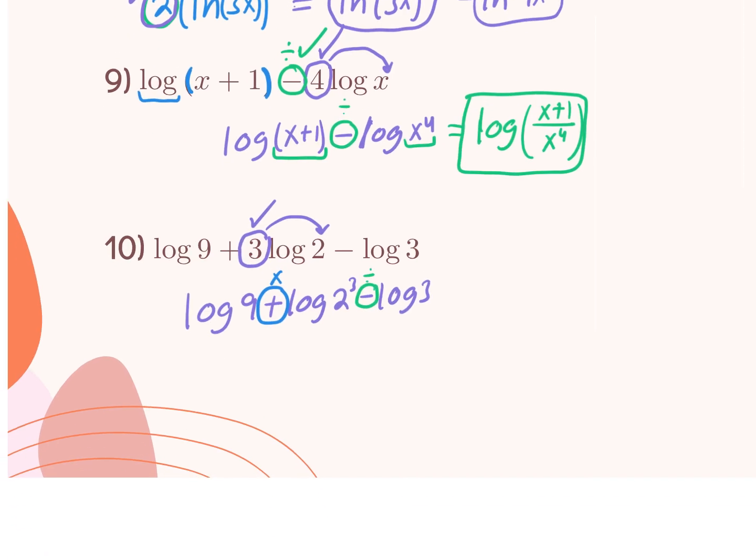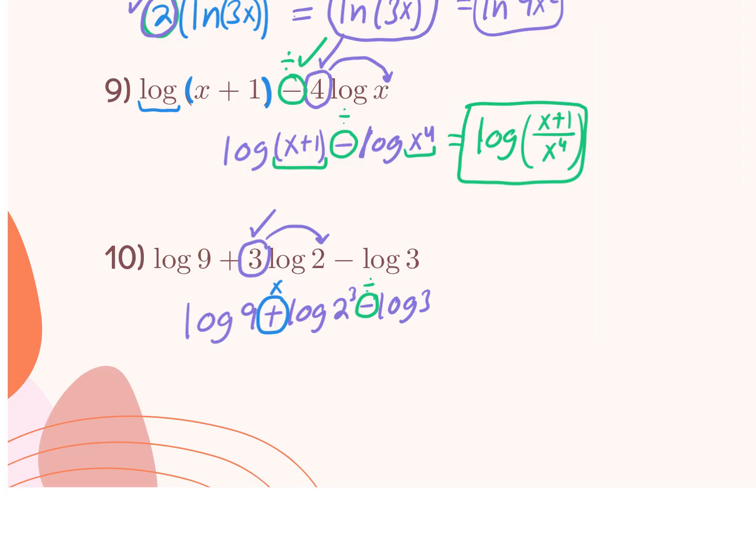But again, when you're doing this for the first time, don't confuse yourself. Just do one thing at a time. So this is going to become log of 9 times, you can replace 2 to the third with 8. We already know that 2 to the third is 2 times 2 times 2. So 9 times 8, minus log of 3. And then that takes care of the multiplication.